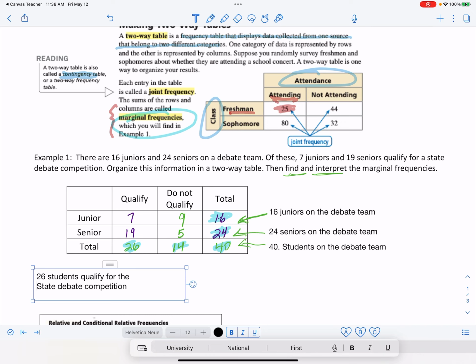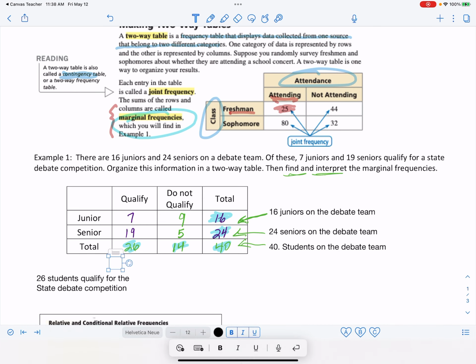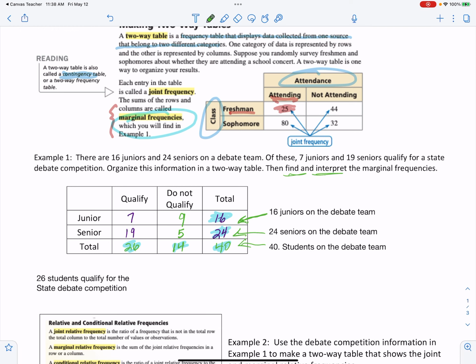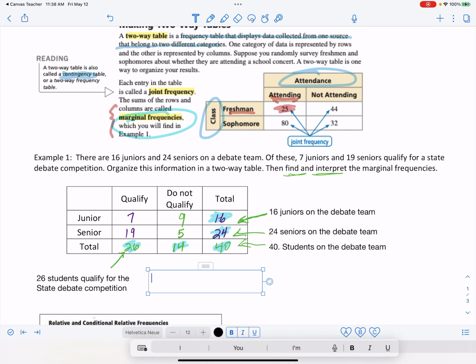And so that goes for the 14, it is that 14 students do not qualify for the state debate competition.